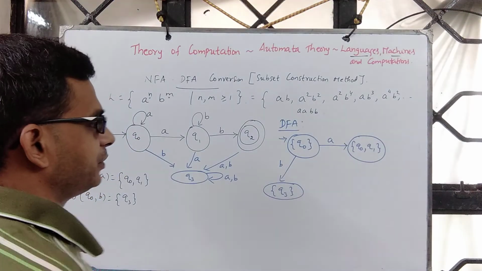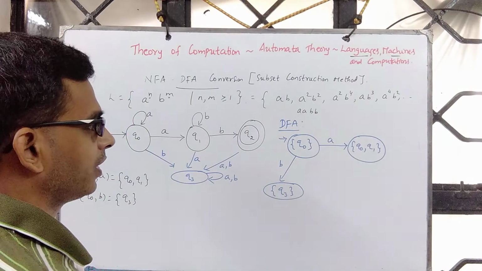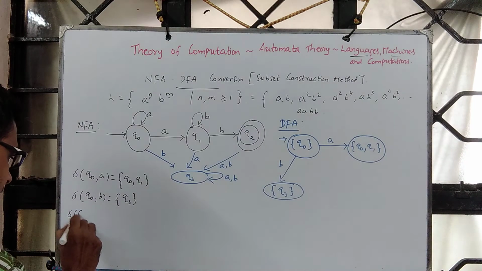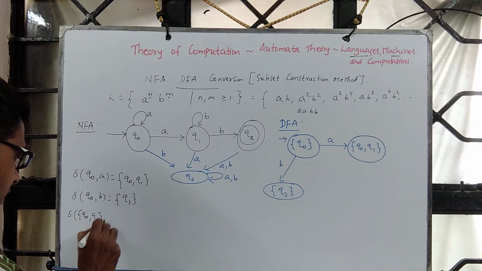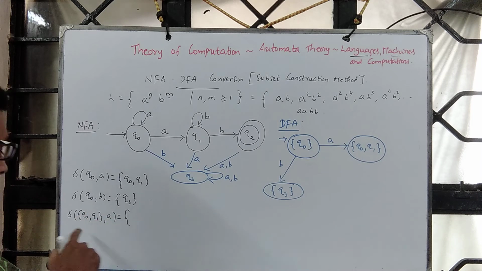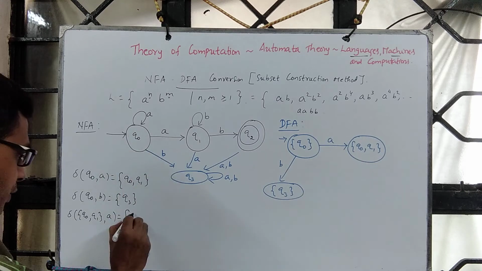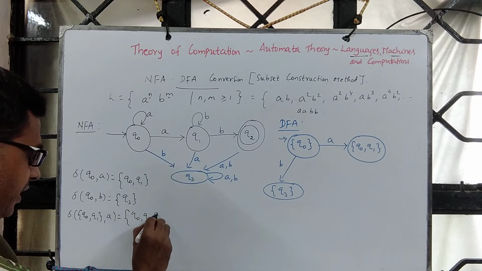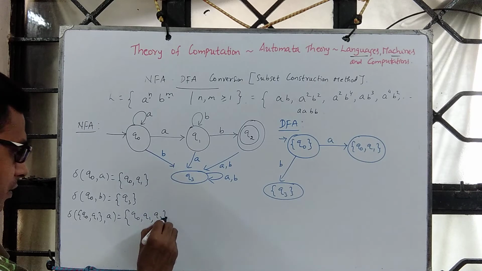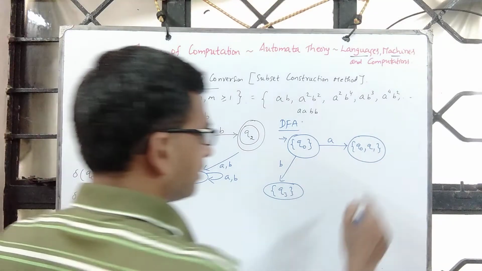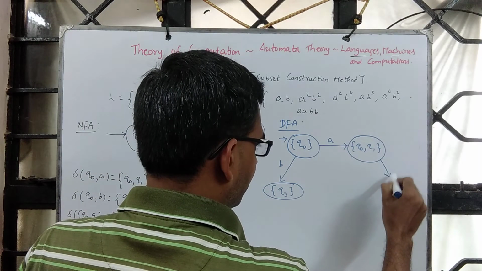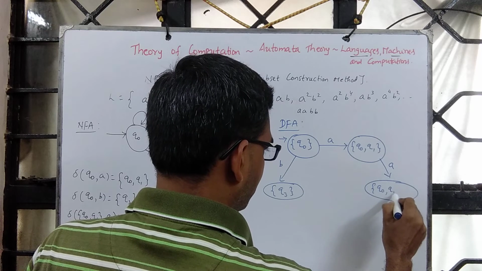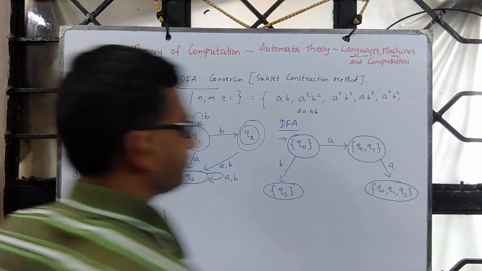Let's look at this new state Q0 Q1. With respect to Q0 Q1, we need to define delta of Q0 Q1 comma A. Q0 comma A is Q0 Q1, and Q1 comma A is Q3, correct? So on reading A, we obtain a new subset Q0, Q1, Q3. Fine.